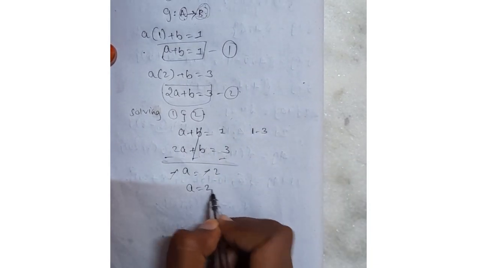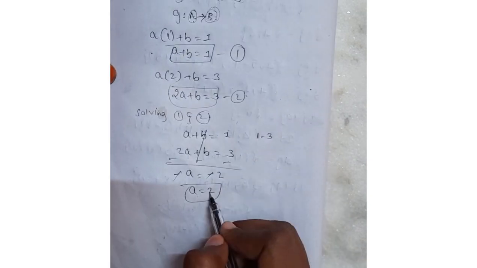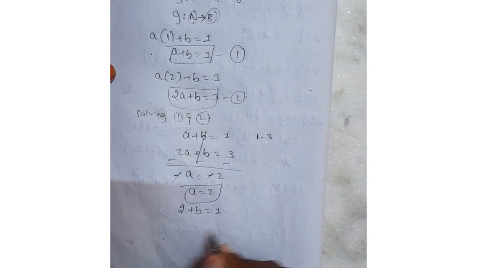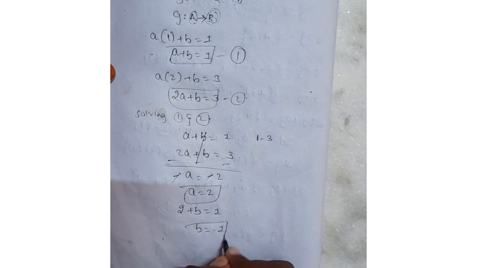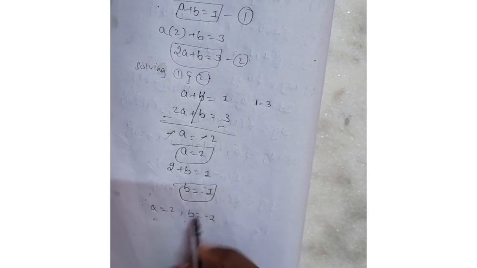A equals 2. Now substituting a equals 2 in equation 1: 2 plus b equals 1, b equals minus 1. So a equals 2, b equals minus 1. We were asked to find the values of a and b, and we got them. That's it for now.